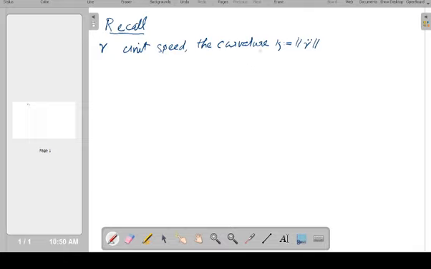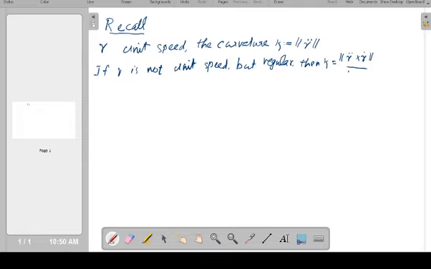So at every point we can define curvature, and if gamma is not unit speed but a regular curve, which means velocity is never zero, then curvature kappa equals, we derived a formula, norm of gamma double dot cross product with gamma dot divided by norm of gamma dot cubed.